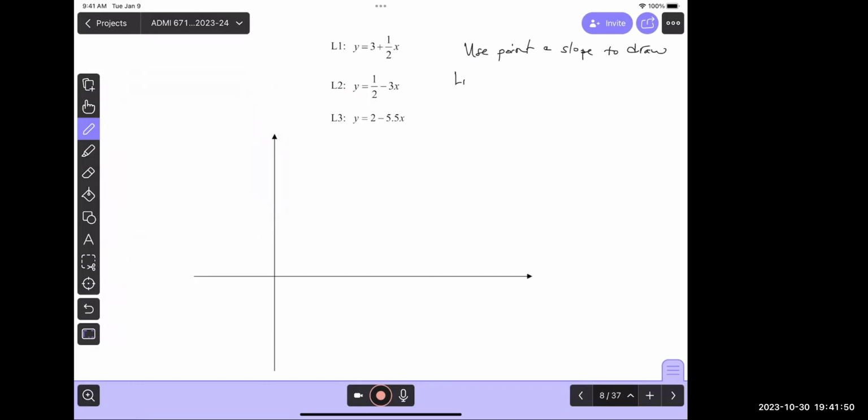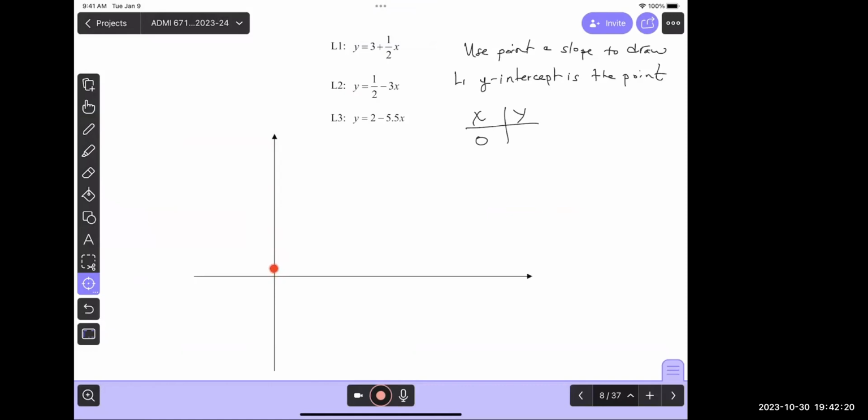The point I'm going to use will be always the y-intercept as a point. And the y-intercept is where x is 0, you're going to fall on y.